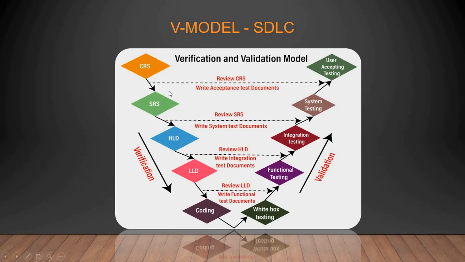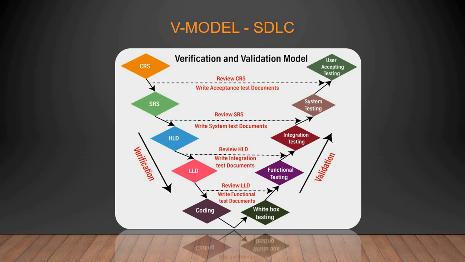Once the client sends the BRS, both the teams, test and development, start their activities. The developer translates the BRS to SRS, and the test team is involved in reviewing the BRS to find missing or wrong requirements and writes acceptance test plan and acceptance test cases.